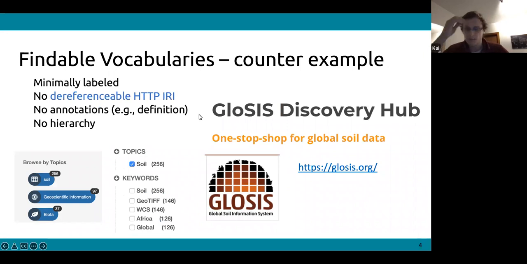So this slide might be a little out of date. I'm not sure what the current status of a project like Glossus is, and I'm certainly not trying to put anyone down. I just wanted to bring attention to what might be a useful project, but in terms of a vocabulary, minimally findable, or minimally labeled.